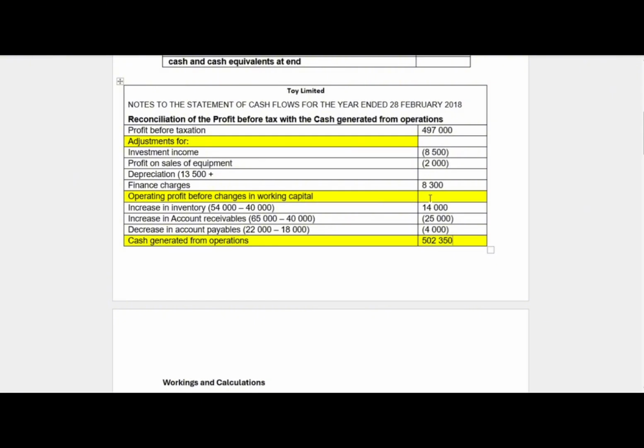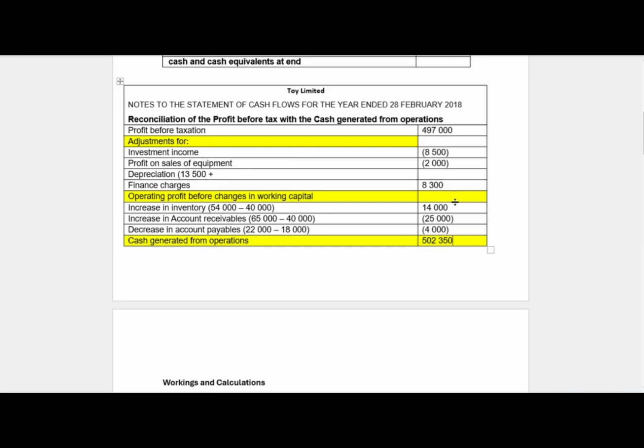And then from there, we say working capital plus increase in inventory minus decrease in accounts receivables minus decrease in account payables. We will get our cash generated from operations. But now we have this one. We don't have this one.